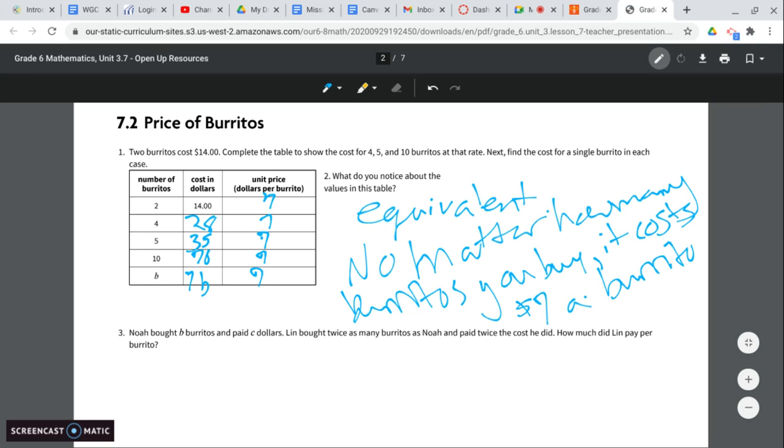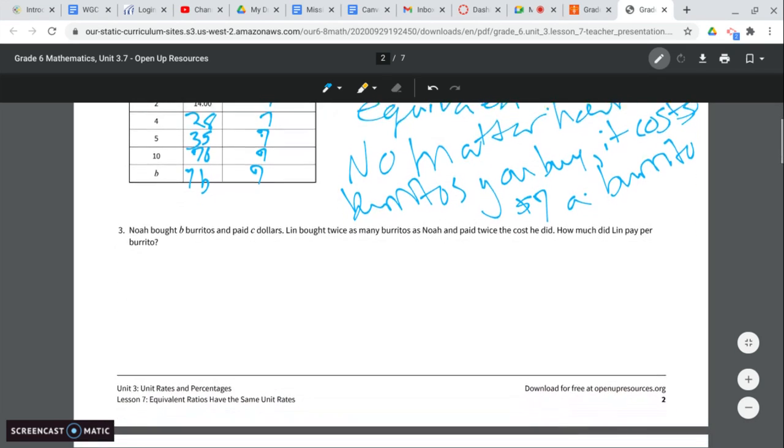So these are equivalent ratios, so looking at unit rate and then being able to find these other cases for how much it would cost for each afterwards.